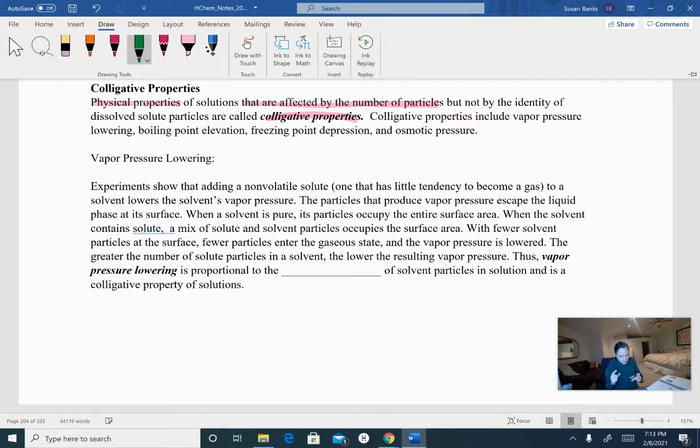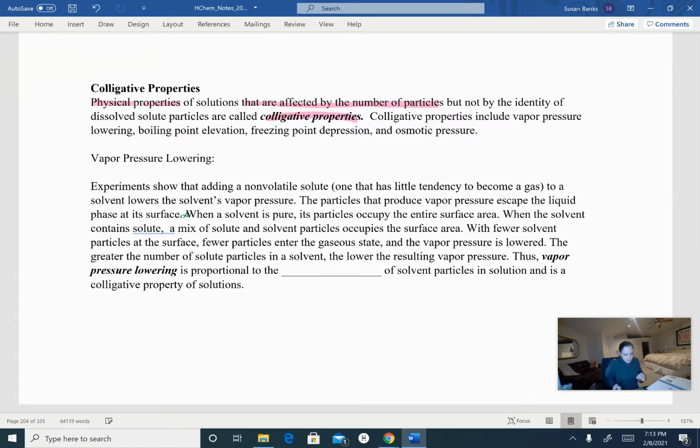Now, think about this. When a solvent is pure, the particles of that solvent occupy the entire surface area, right? When the solute and the solvent are mixed, we have a mix of solute and solvent on the surface. So not all the surface area is solvent.